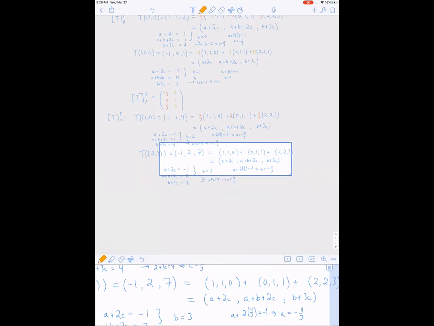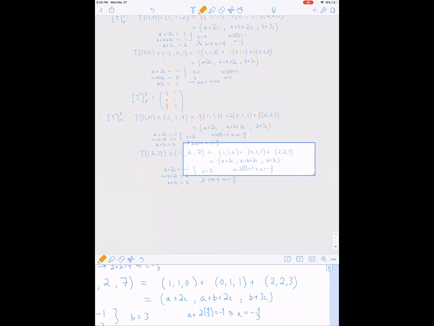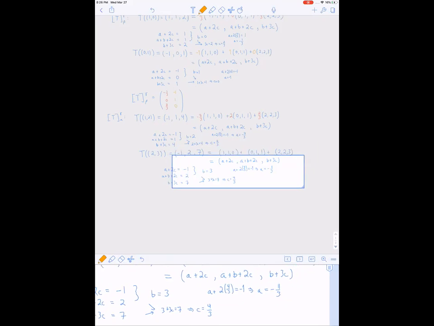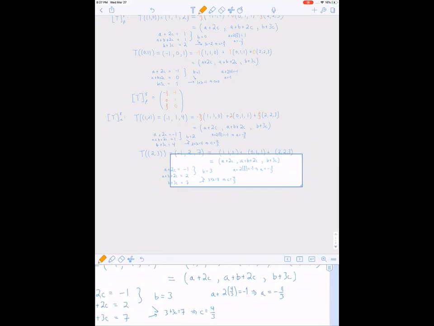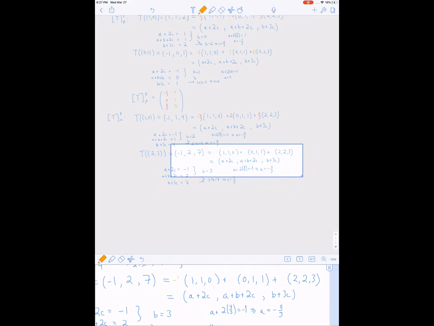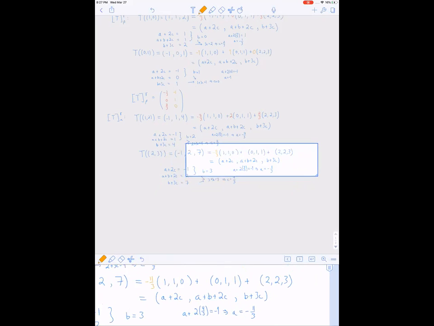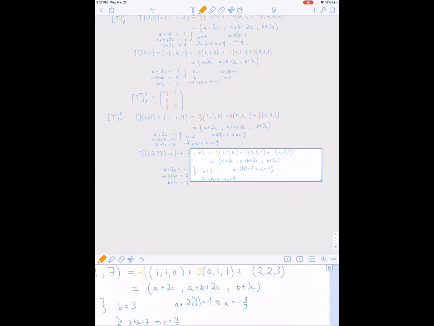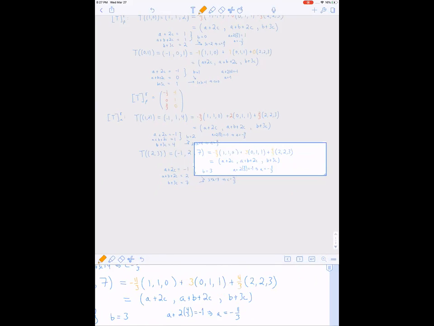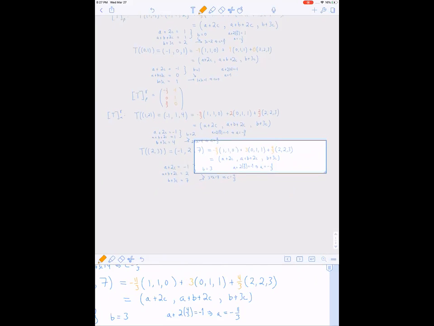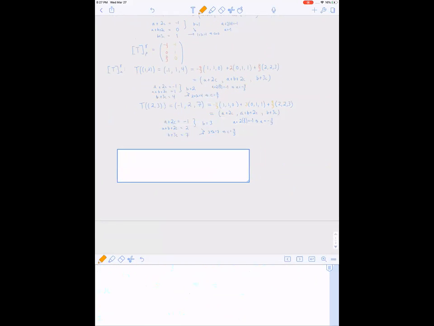The only way to write (-1, 7) as a linear combination of the vectors from gamma is to have a coefficient of -11/3 for the vector (1, 1, 0), and then to have a coefficient of 3 on the vector (0, 1, 1), and then to have a coefficient of 4/3 on the vector (2, 2, 3). So that uniquely determines those coefficients, which means that we can then write the matrix itself.